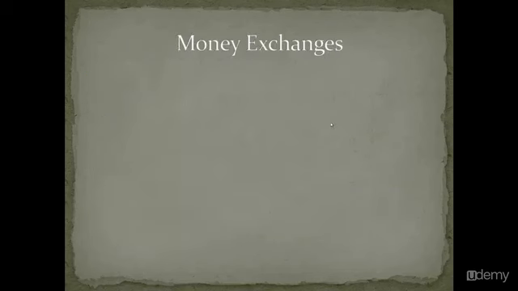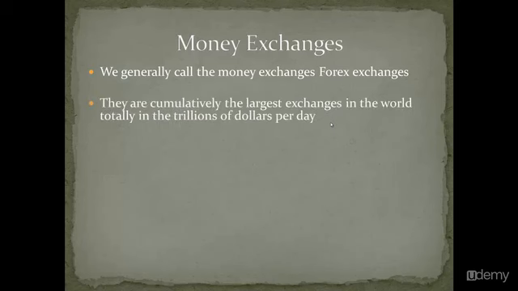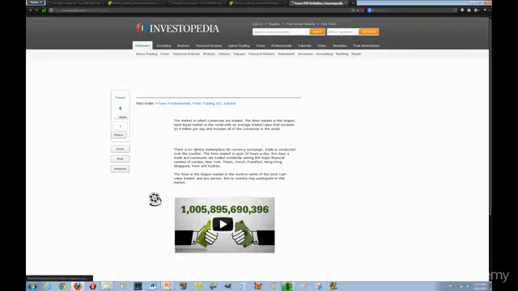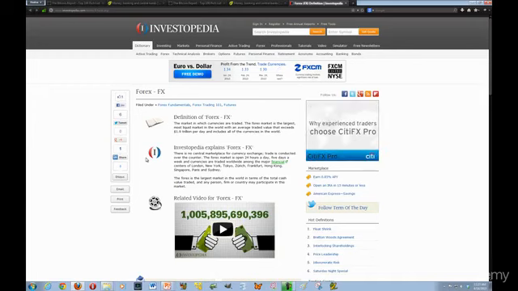Okay, so let's talk about money exchanges now. In general, money exchanges are called forex exchanges. Kind of a simple term. If you're curious about it, I would recommend you go to this link right here. Forex is a good way to make money if you're willing to invest a couple of years of your life and a couple of thousands of dollars in painful, terrible mistakes.